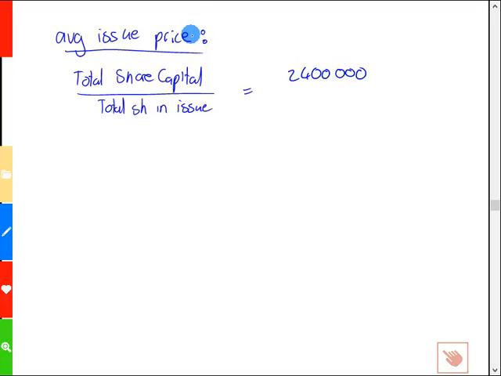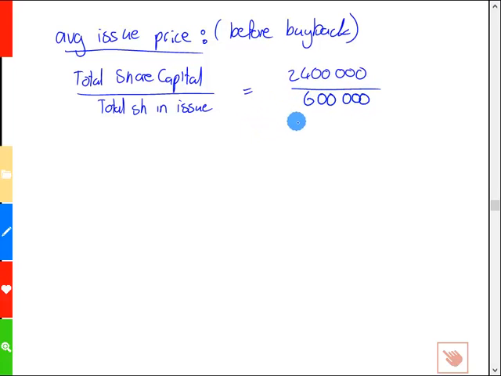That's before the buyback, the average issue price before the buyback. Right, 2.4 million over 600,000 total shares in issue. If you divide that, you're going to get an answer of 4 rand.